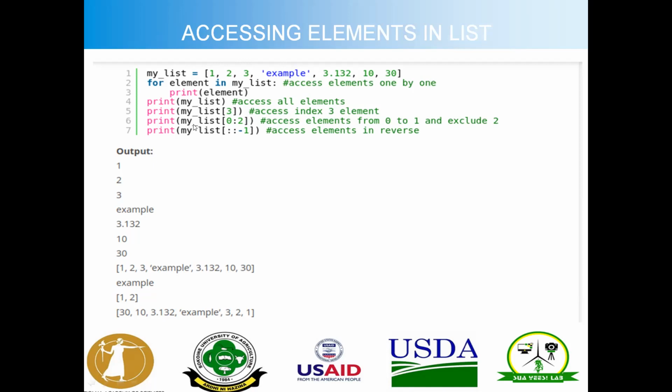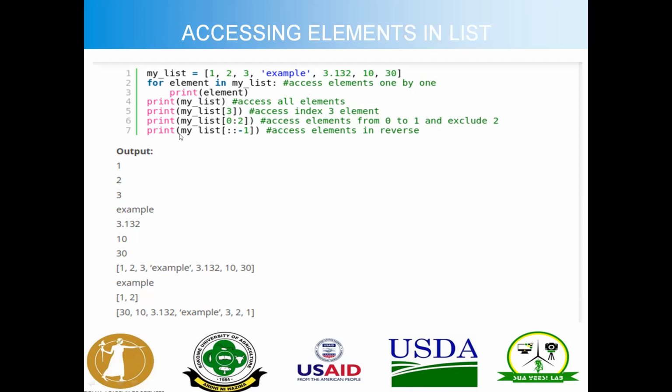Also, we can access the elements by specifying a range. You can say I just want to access the elements from index 0 to index 2. You provide the range using a colon, from a certain index to a certain index.